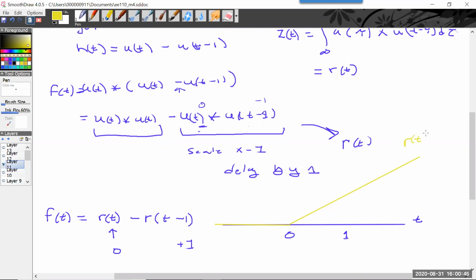That's r(t). This one, let's give it a nice red color, turns on at 1.